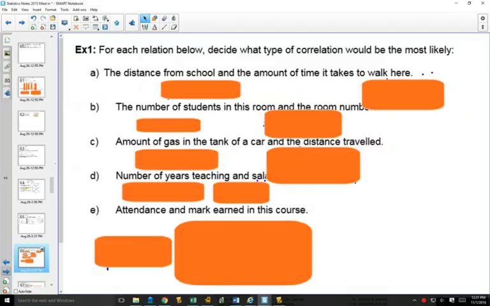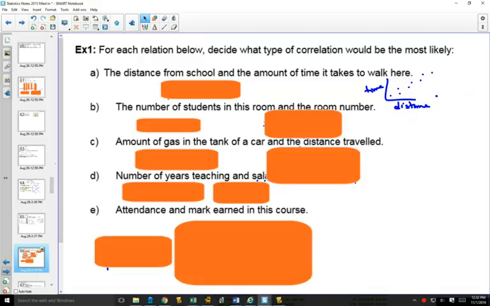So I want you to think about each of these situations. The best way to think about each of these situations, draw a little graph. So for the first one, distance from school and the amount of time it takes to walk here. Okay? So pick your independent variable and your dependent variable, independent along the x-axis, dependent along the y.